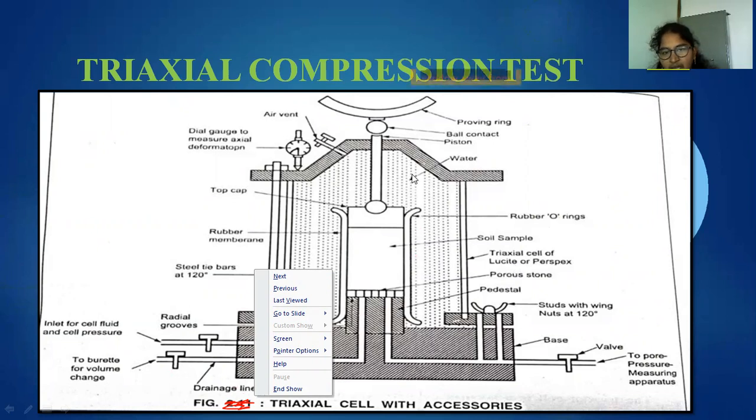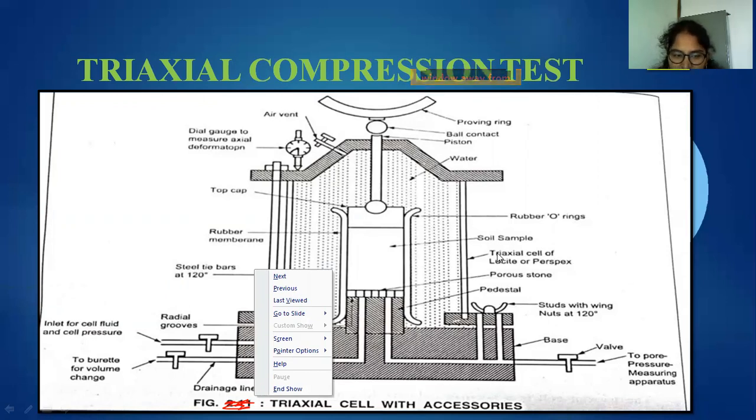We can apply vertical load, water pressure and also air pressure, three pressures: sigma 1, sigma 2 and sigma 3. The soil specimen used in this test is cylindrical in shape, with length 2 to 2.5 times the diameter.